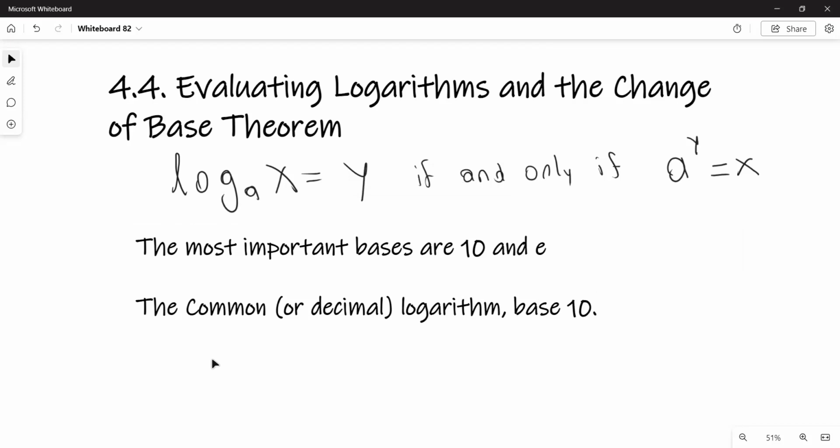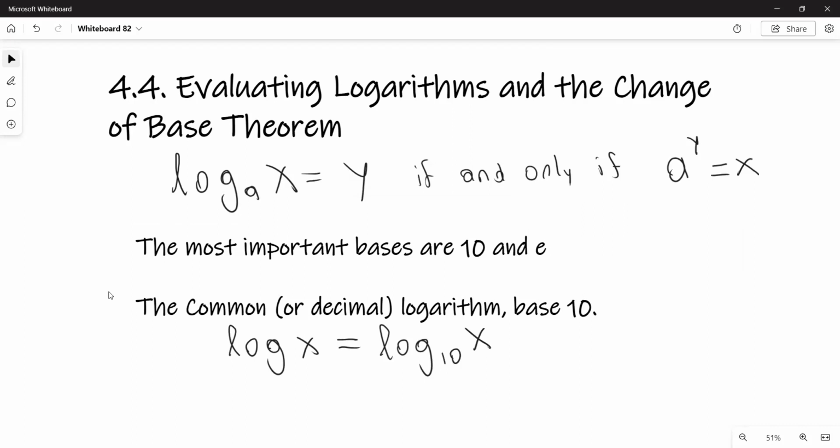So if you look at the calculator, you have two buttons, which are log and ln. And this is denoted as log of x. So log of x, if you see the empty base, it is understood that it is the logarithm with base 10.